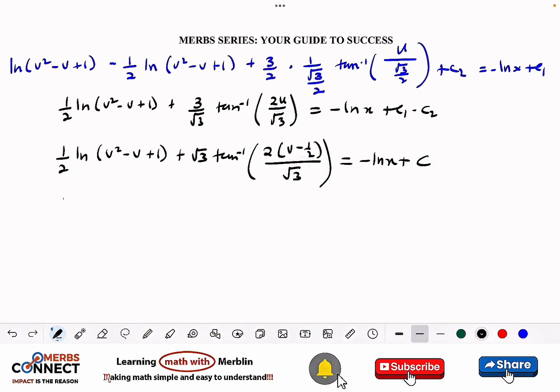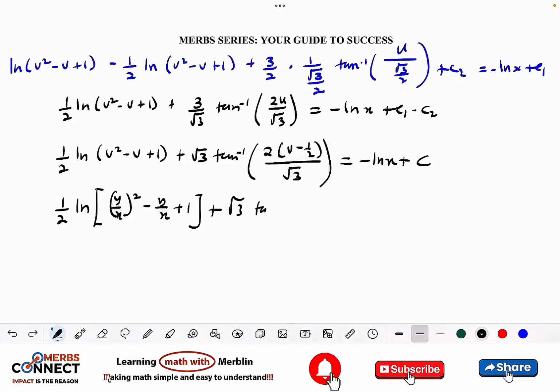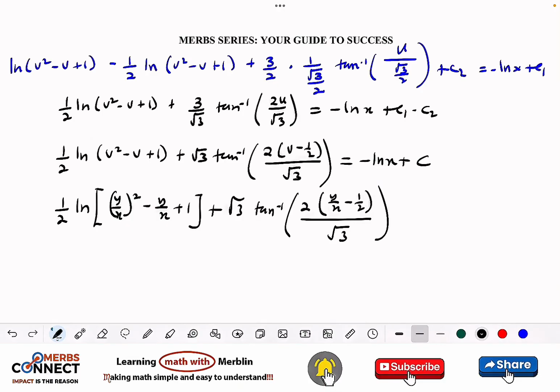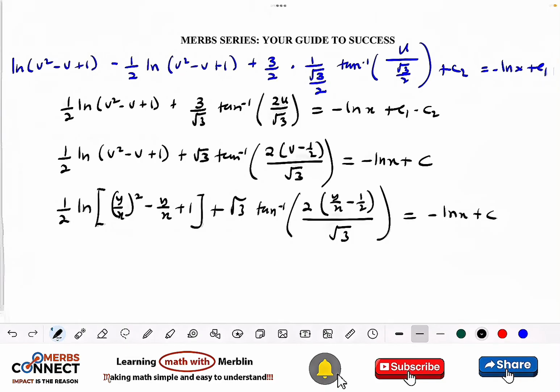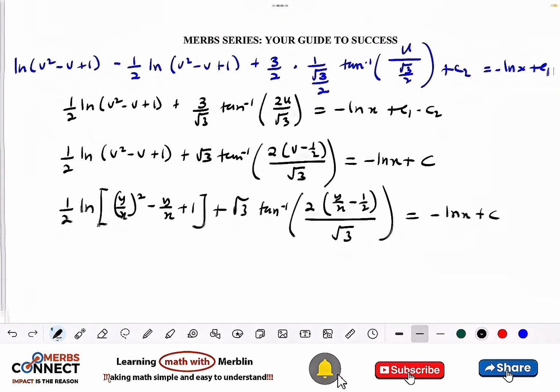So I'm going to now have 1 divided by 2 ln of, let me use square bracket here, y over x squared minus y over x plus 1 plus root of 3 tan inverse of 2 times Vn, which is y over x, minus 1 over 2, divided by root of 3, is equal to minus ln of x plus c. So this is the general solution. We don't need to simplify because this is kind of complicated.